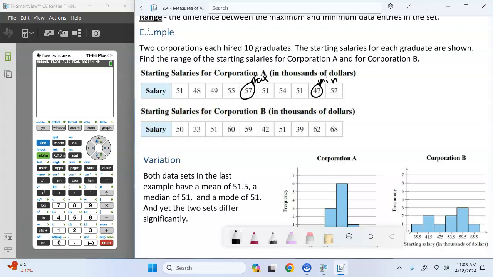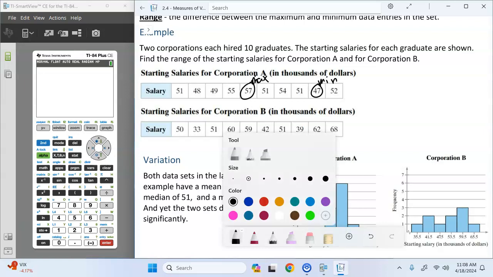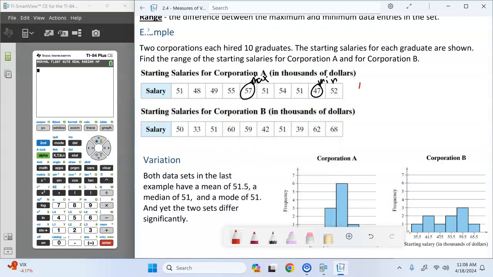That's right, maximum. Okay. So we take the maximum and the minimum, and we find the difference. So what is the range in the salaries? $10,000. Okay. So we have a range of $10,000 for company A. What about for company B? What's the range of salaries for company B?